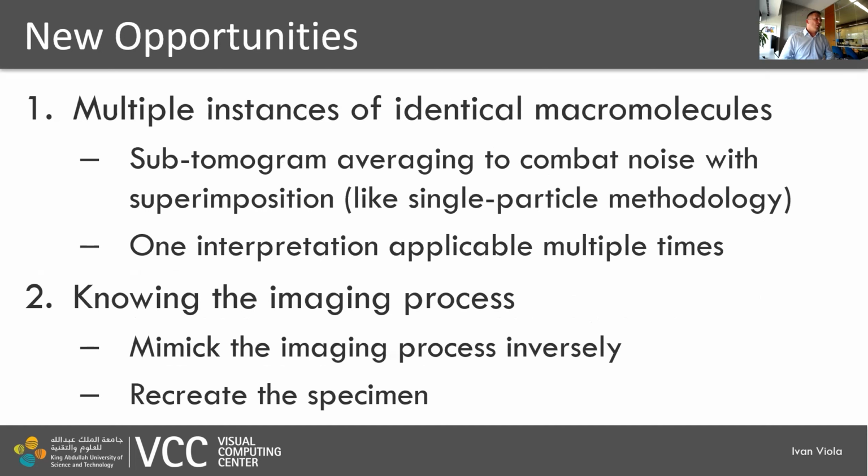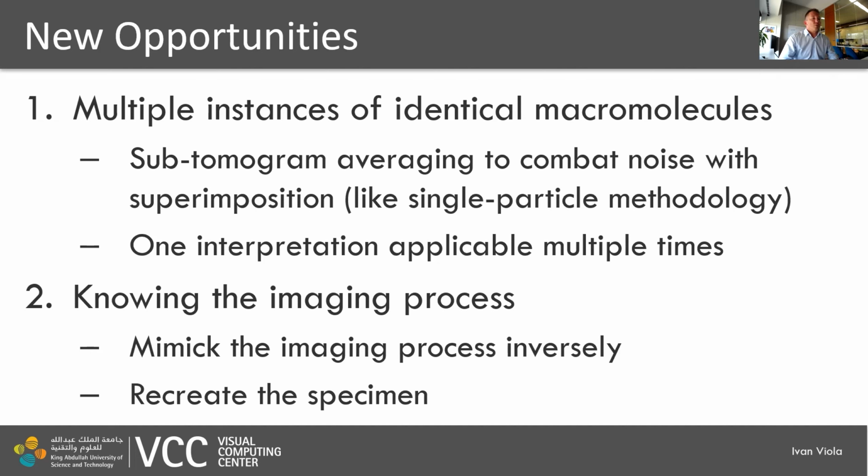But not only challenges are coming with this modality, but also opportunities. The opportunities are not only about the cryo-electron tomography modality, but about the nature of imaging the biological specimen. Here we have in mind that often if you are imaging something with cryo-electron tomography, you will have the same structure present, or a very similar structure present in the data several times.